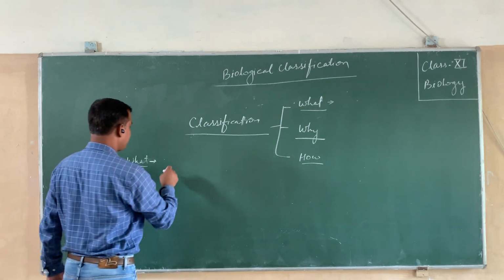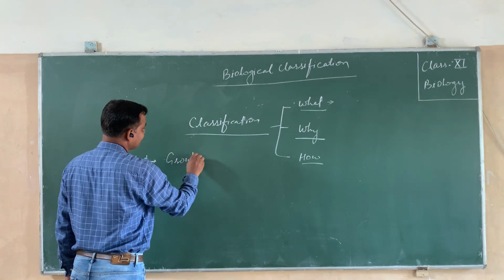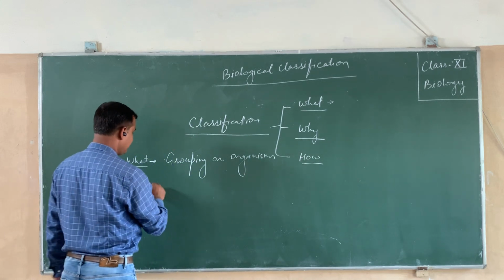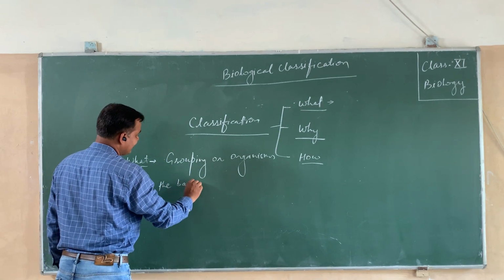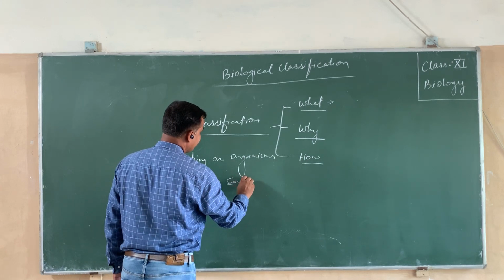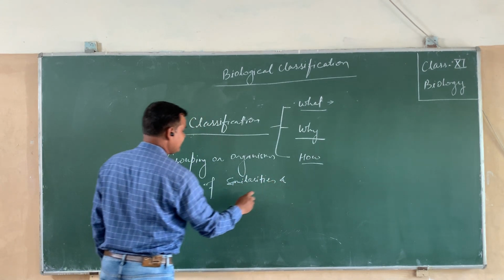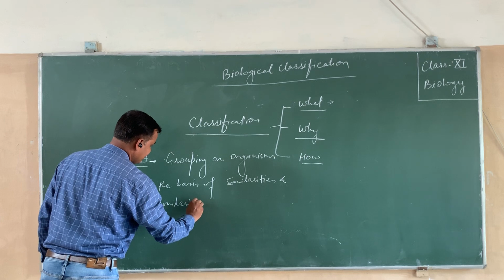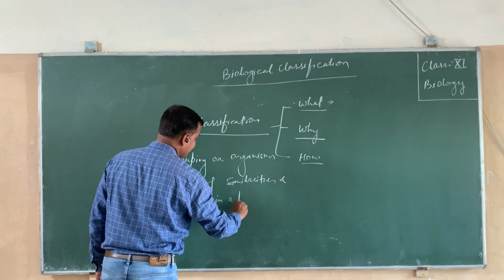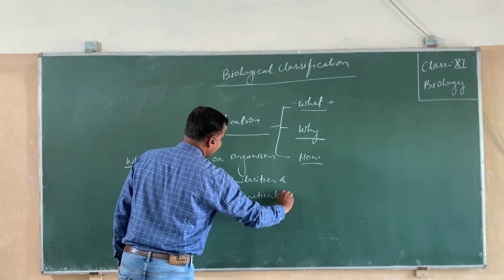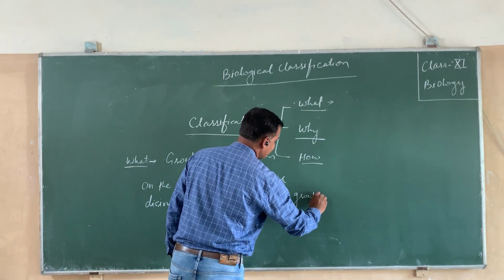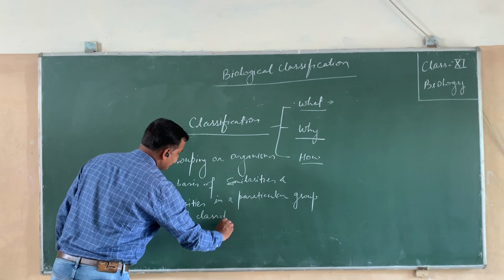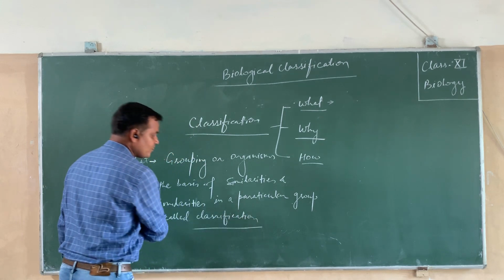We can write: grouping of organisms on the basis of similarities and dissimilarities in a particular group is called classification.